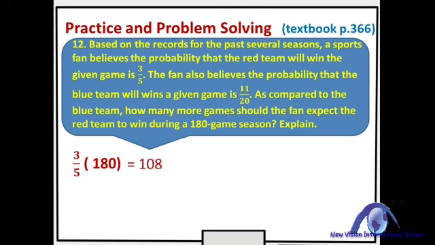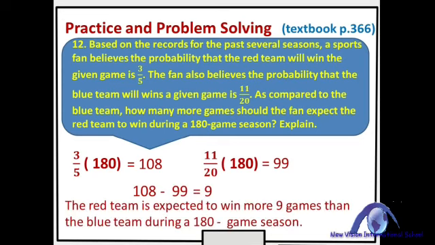Now let's take the probability that the blue team will win a given game, which is 11 out of 20, multiplied by 180, and this is equal to 99. Then we will subtract 108 and 99. This is equal to 9. So the red team is expected to win 9 more games than the blue team during a 180-game season.